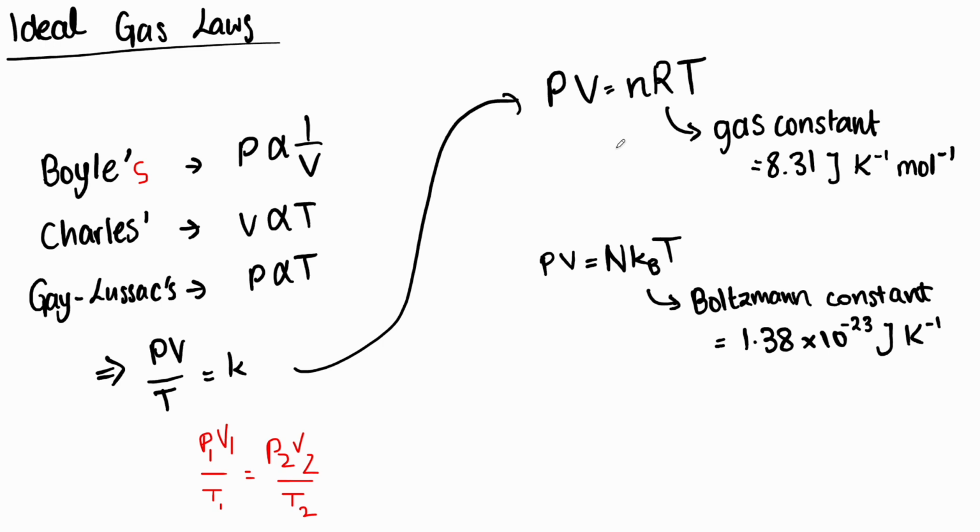This is just a fancy way of writing PV over T as a constant. We just know that the constant is now the moles times the gas constant, or the number of particles times the Boltzmann constant. And as always, you just plug all the numbers you get from the question into these and get an answer.